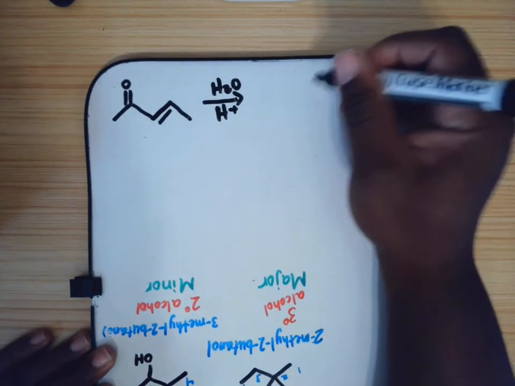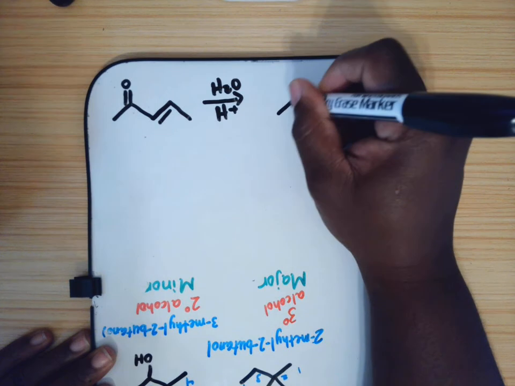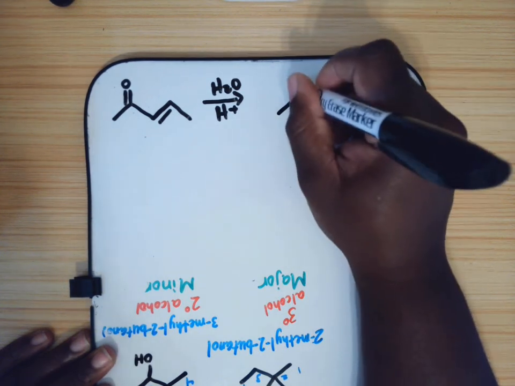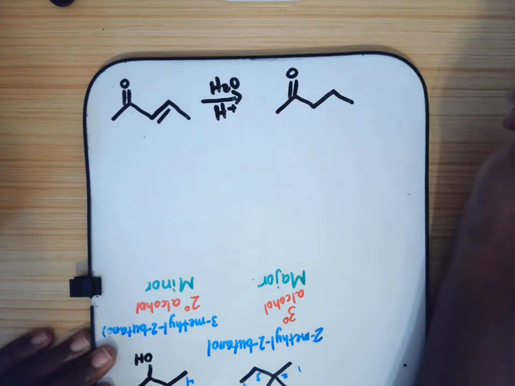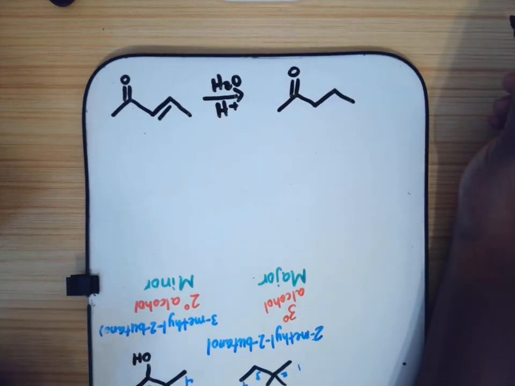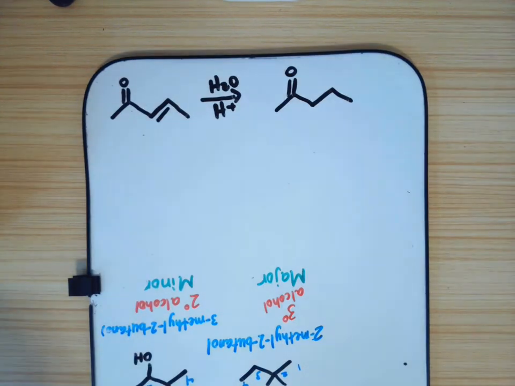So instead of utilizing Markovnikov's rule, you'll still go through the process of breaking the double bond. So we still have this carbonyl group, but we don't have that double bond. Instead, now the alcohol, so the hydroxyl group, is added 2 carbon atoms away from the carbonyl group.